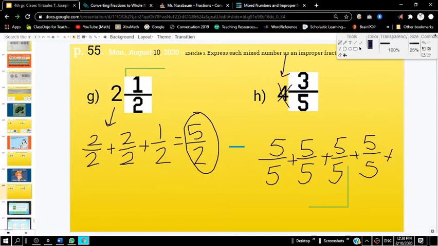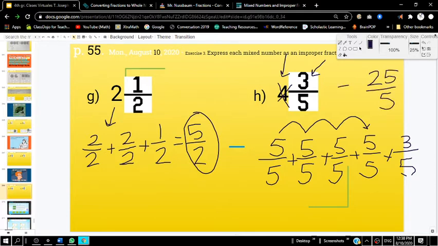Now I'm going to add my last fraction, 3/5. Since they're all the same denominator, I can easily add them. 5 plus 5 plus 5 plus 5 is the same as 5 times 4, which is 20, plus 3 is 23. 23/5 is my improper fraction, which is the same as 4 3/5.